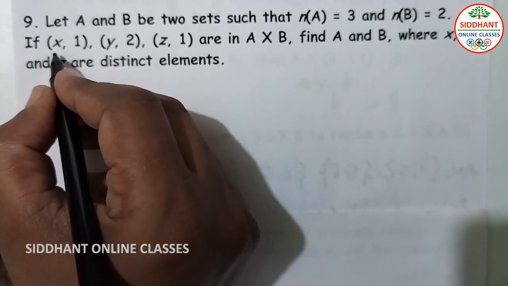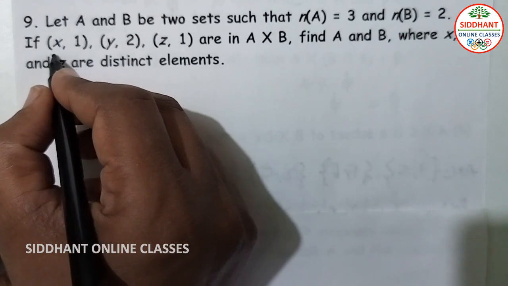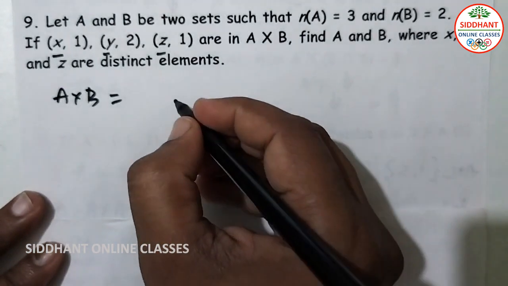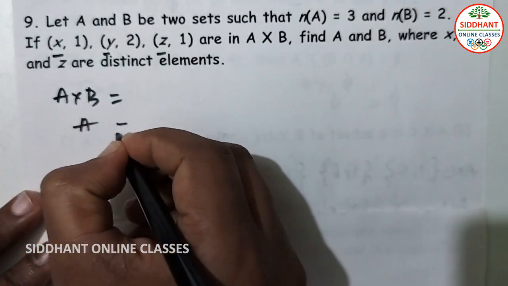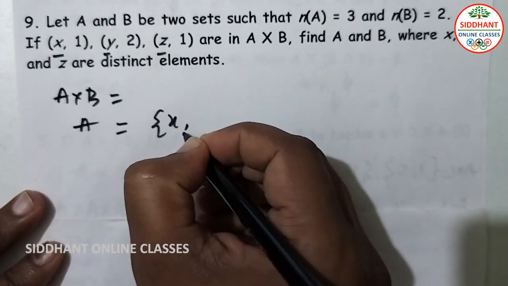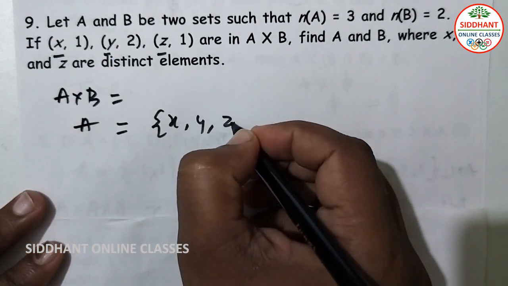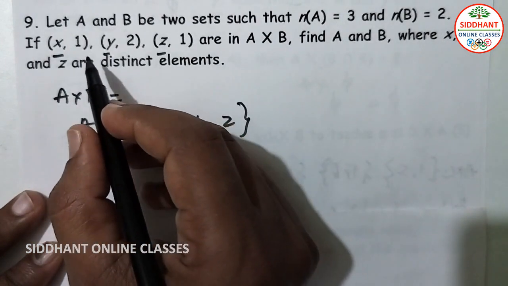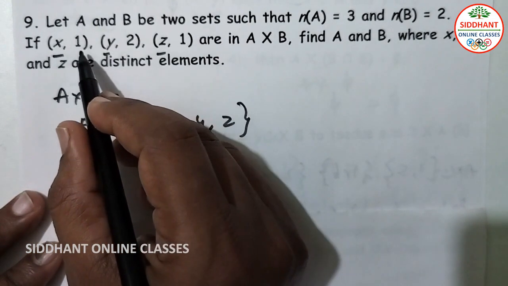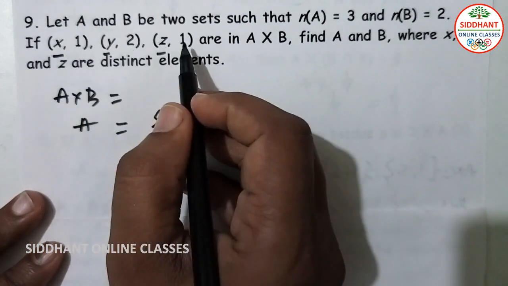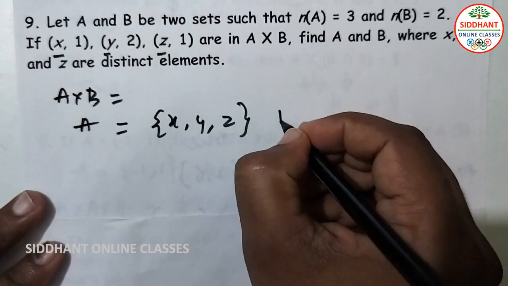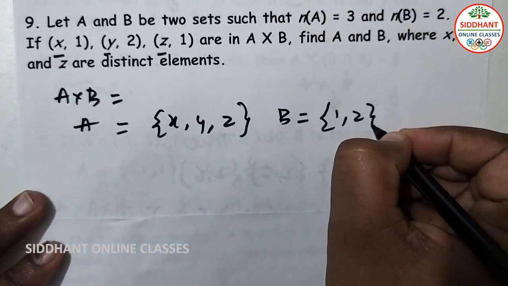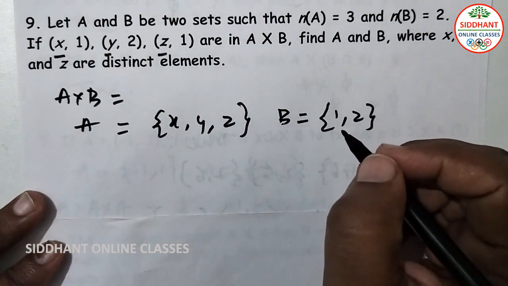So here we are going to see x, y, z as A set elements. And B set will have the second elements 1, 2 and repeating 1. So B set will have 1, 2 here.